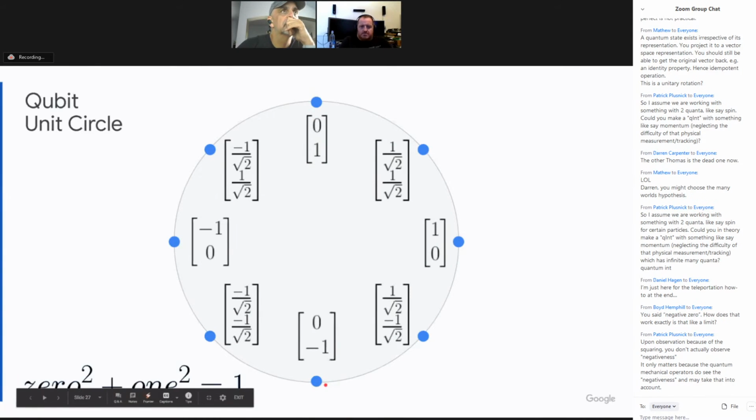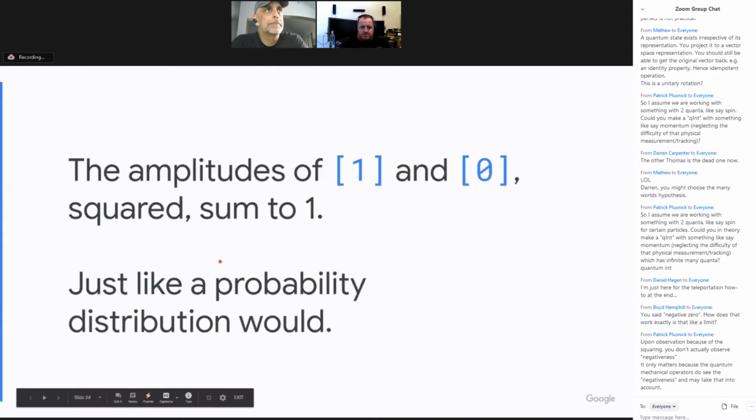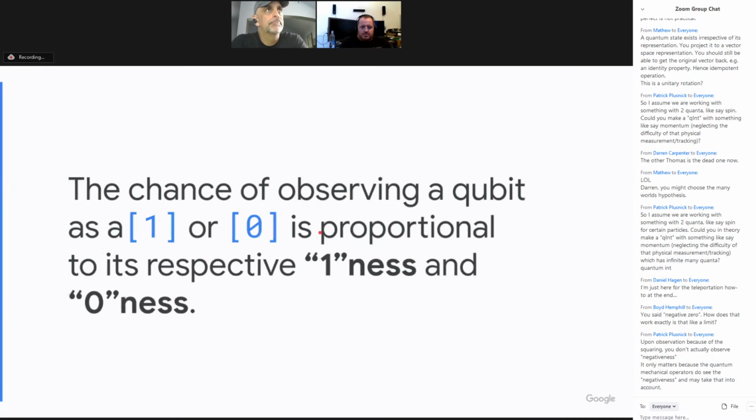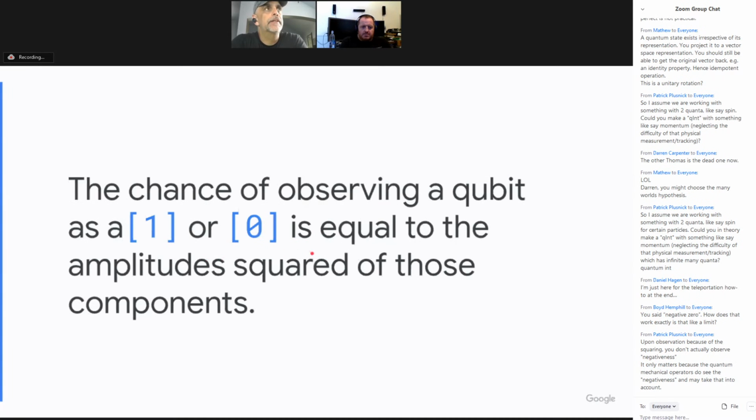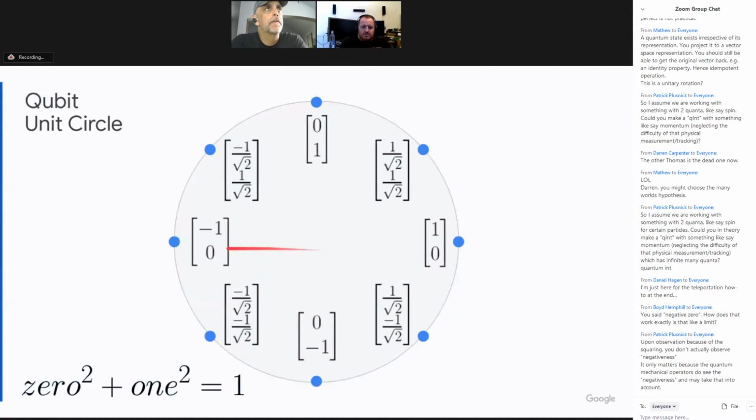As far as these negative signs go, when it comes to observing it, they don't have any effect with a single qubit, because when we square these amplitudes, the negative signs go away. That is to say that this qubit and this qubit each have a 100% chance of coming out as the 1 bit. If your qubit's in this state, or if your qubit's in that state, there's still a 0% chance of observing it as a 0.